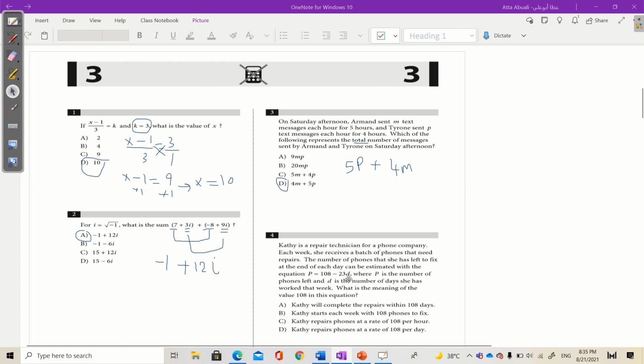If she doesn't work at all, if we put D as 0, the answer becomes 108 minus 23 times 0, which is 108. That means she has to start with 108. So the answer is C.